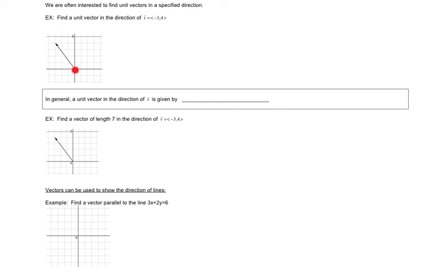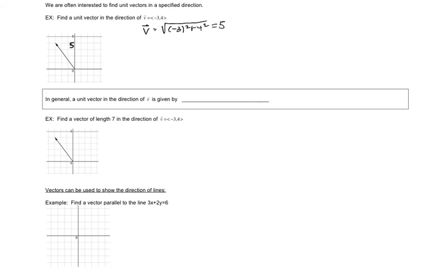A unit vector would be something that is 1 unit long. This is way too long. In fact, how long is it? The magnitude of v equals the square root of -3 squared plus 4 squared, which turns out to be 5. So this vector has length 5.